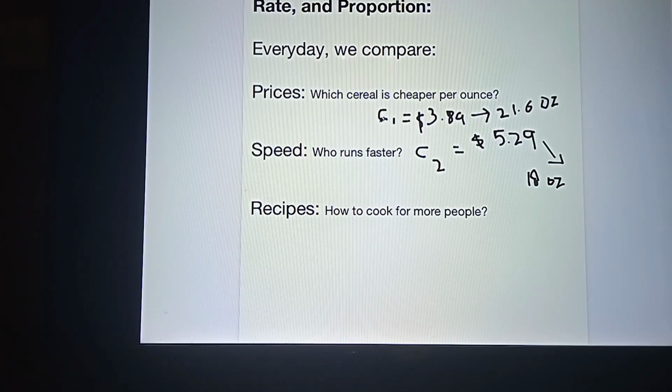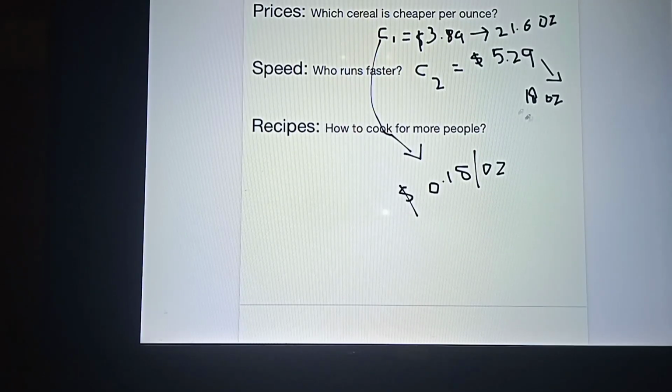So when we divide price by its weight, this will become about 0.18 per ounce, and the other type of cereal will become about 0.29 per ounce.